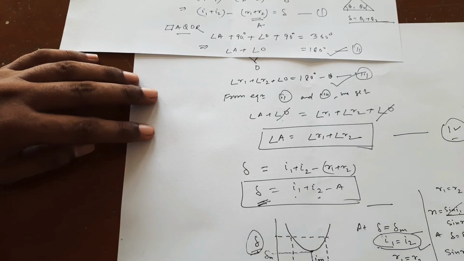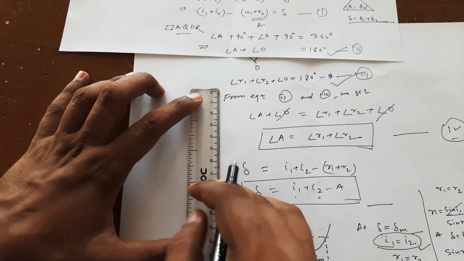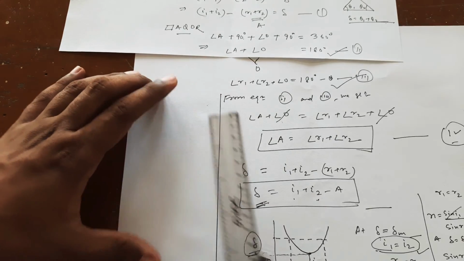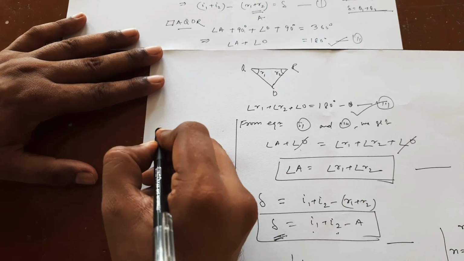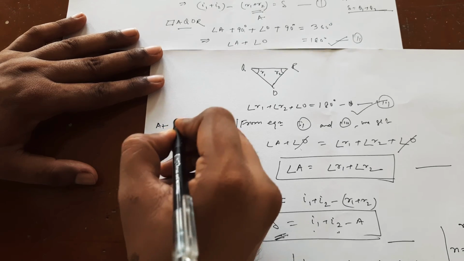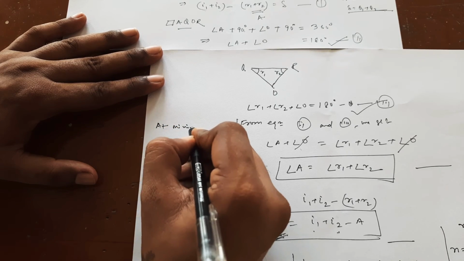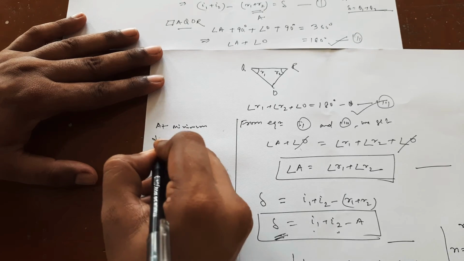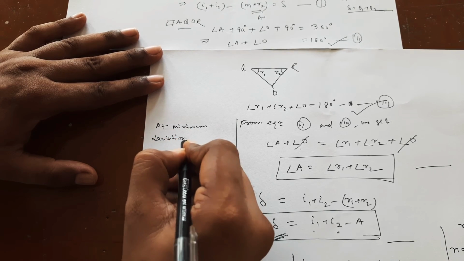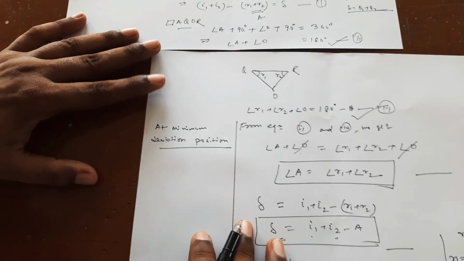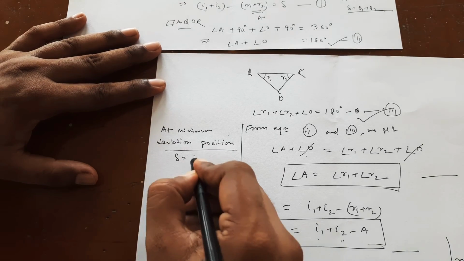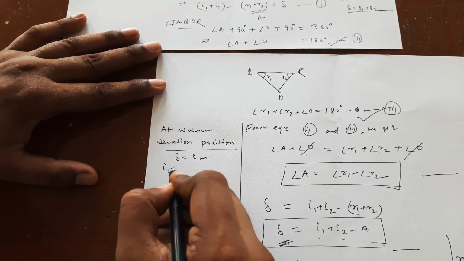Now next thing: delta at minimum deviation position. At minimum deviation position, that is delta equal to delta M, I1 is equal to I2.